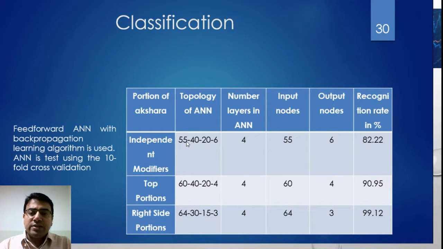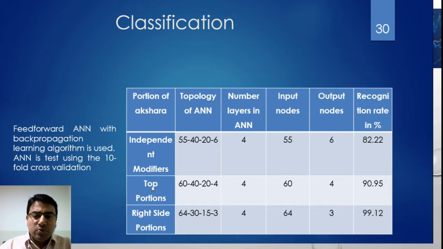The input layer has 55. The number 55 depends on how many directional features are extracted using the Gabor filter. There are four layers used. At the last, six output nodes are used because there are six classes present in independent modifier.